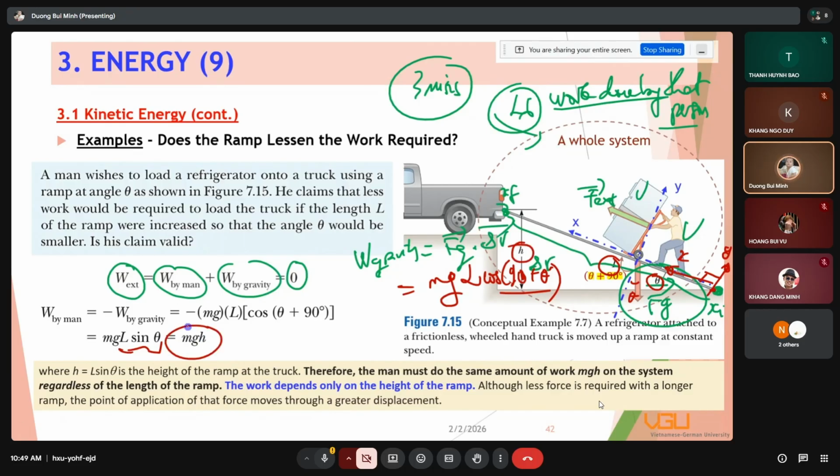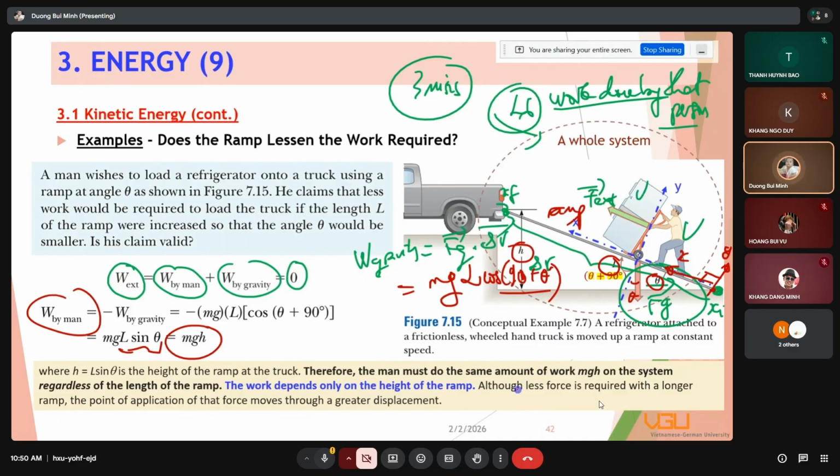If you see here, we have the work by the man, mgh. So the work is irrelevant to the length of this ramp. We conclude that the work depends only on the height of the ramp.